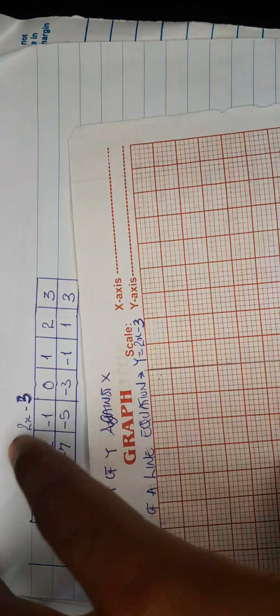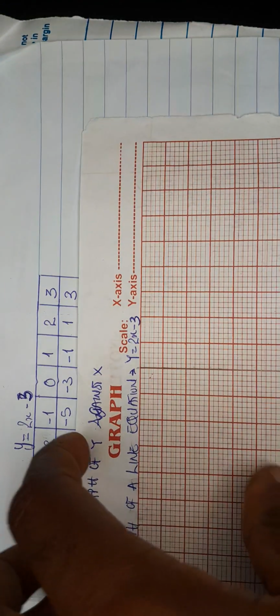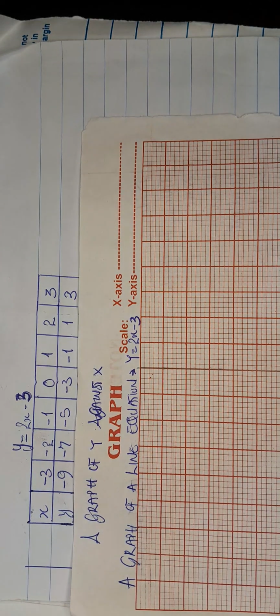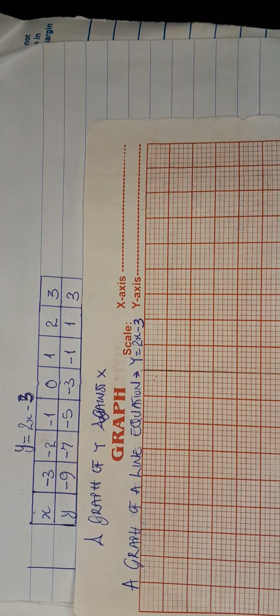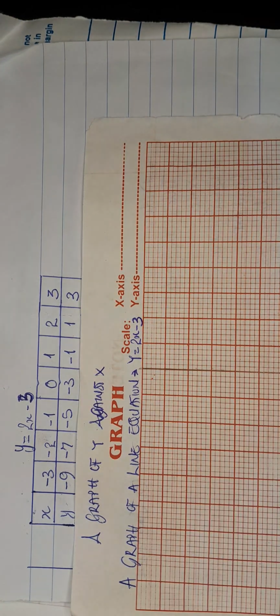Now the scale, very very important. Before we pick a scale, we need to look at the values we are having. For x, we're having minus 3 to positive 3, and then for y, we have negative 9 to 3. And this is how our graph looks like.